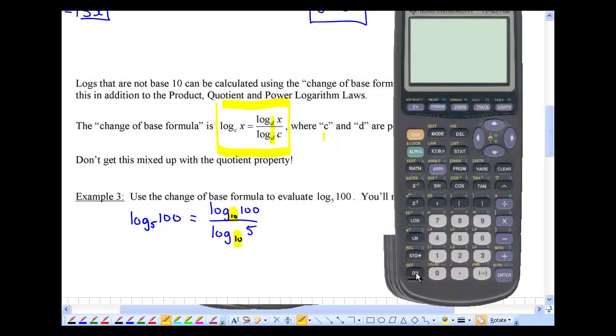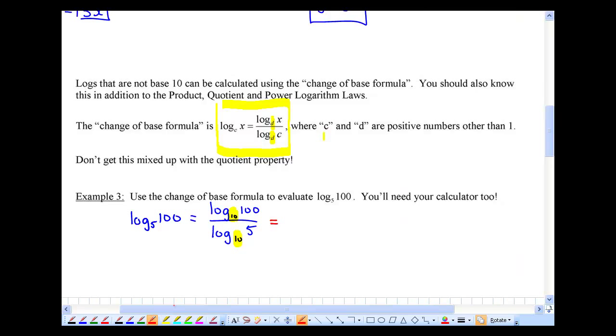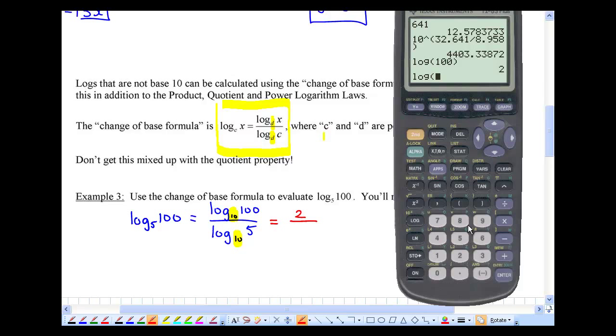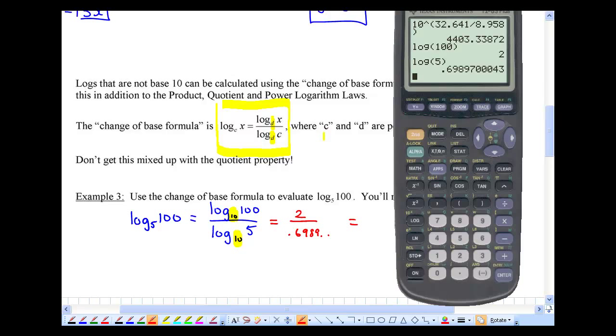So I actually know what log base 10 of 100 is. That's easy, because that's just 2. So I'll write this down as 2. Log base 10 of 5 is an ugly decimal, 0.6989, blah, blah, blah. So really, I would rather have you just type this all in at once into the calculator.